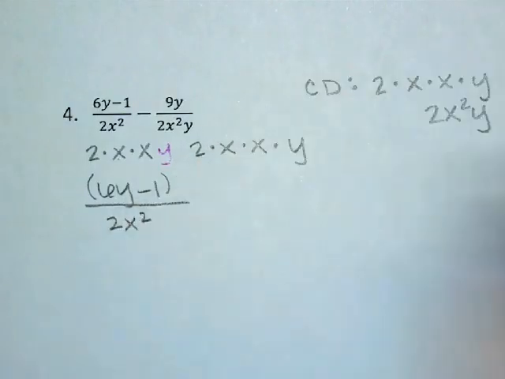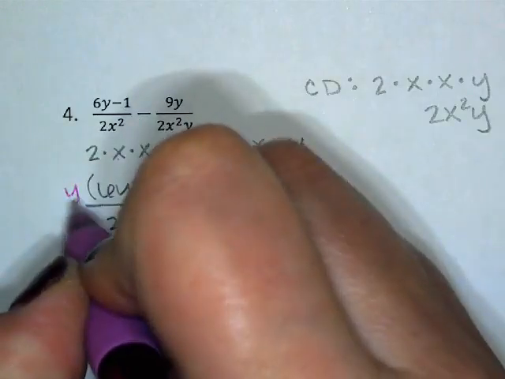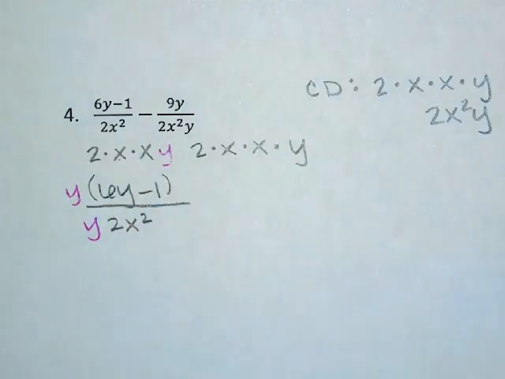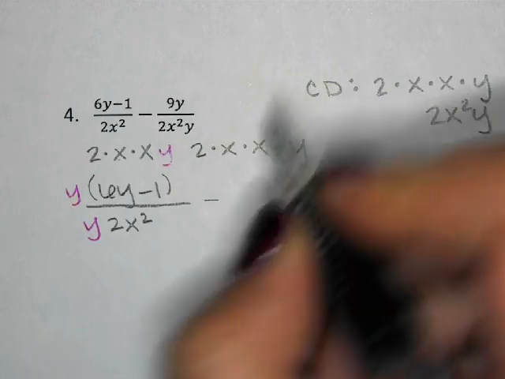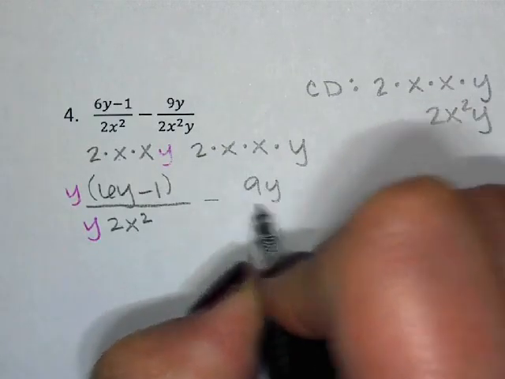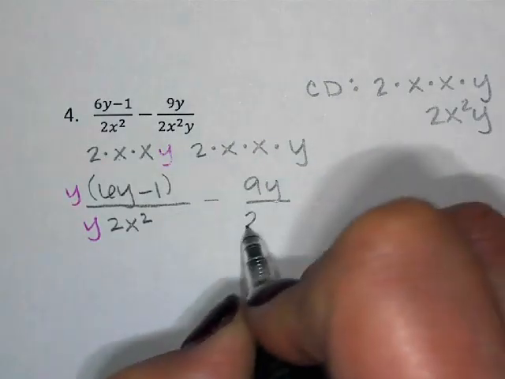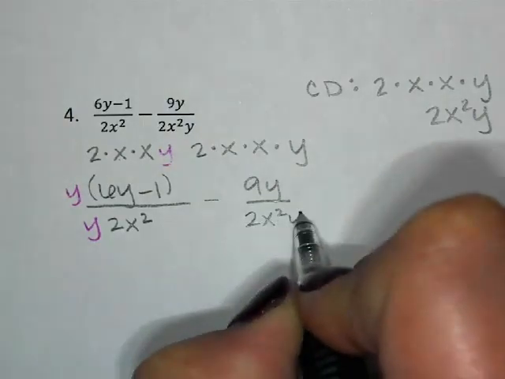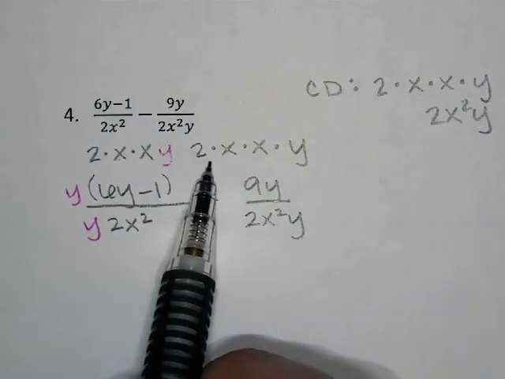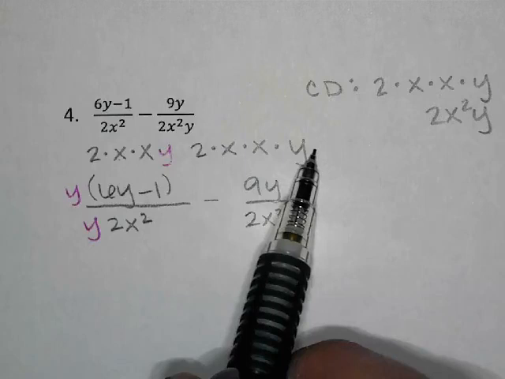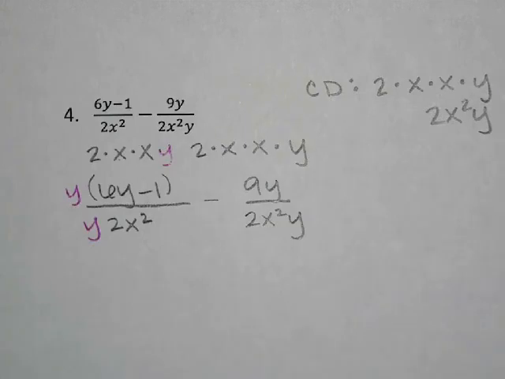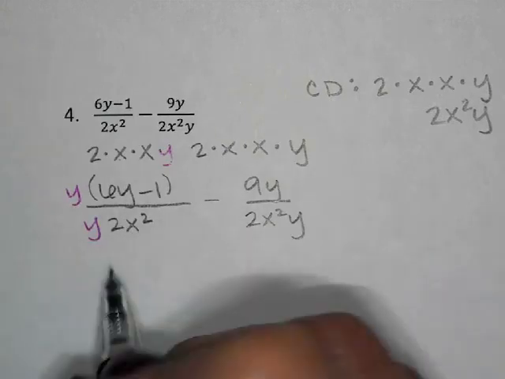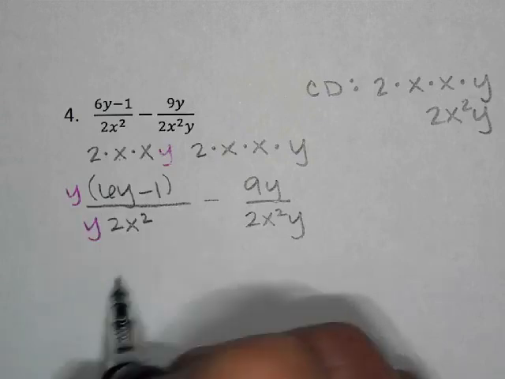That's going to be 6y squared. And does the second fraction need anything? No. So what does the first fraction have now? 6y squared minus y.